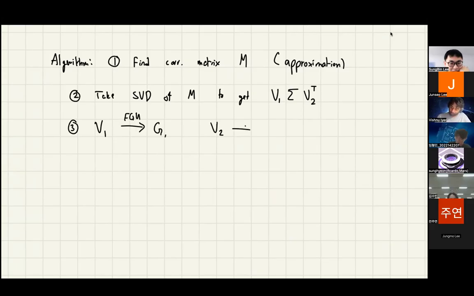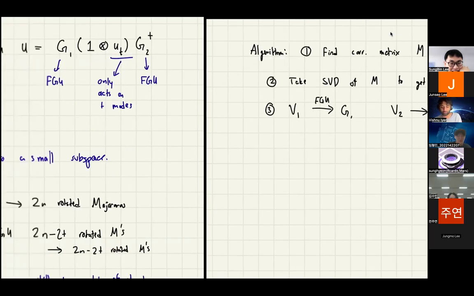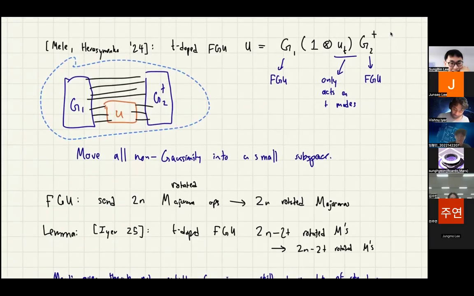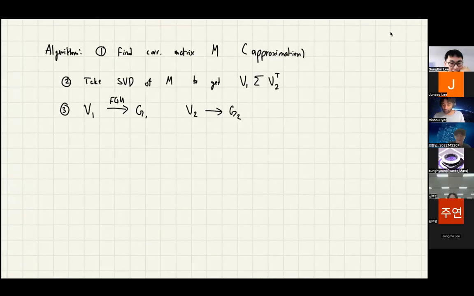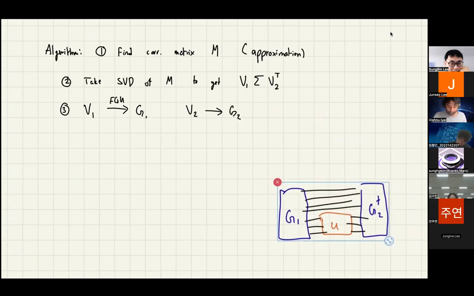V2 goes to a G2. Okay? You use these matrices to construct G1 and G2. And here's what we're going to do with that. Okay? I'm going to copy and paste this. I'm going to put it down over here.